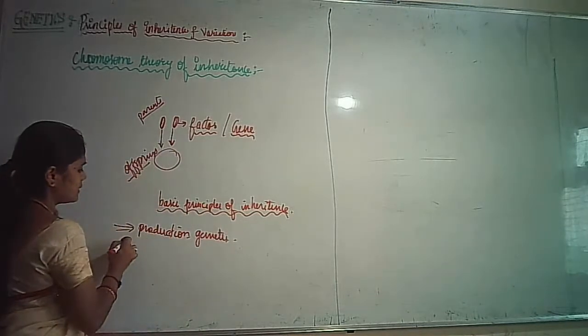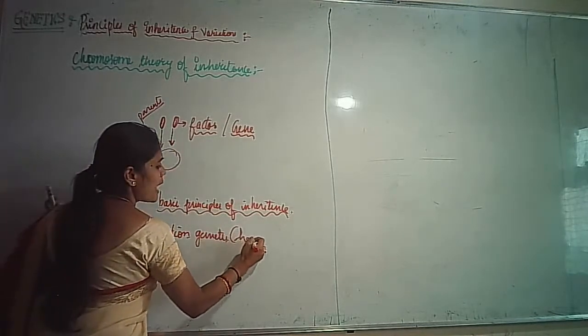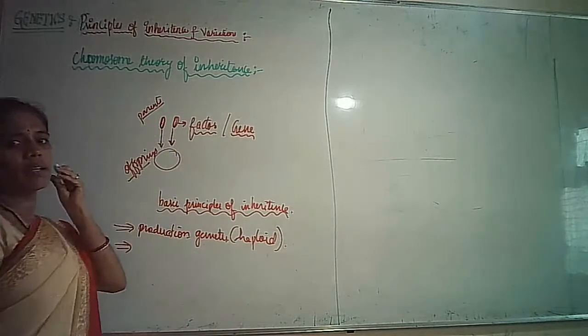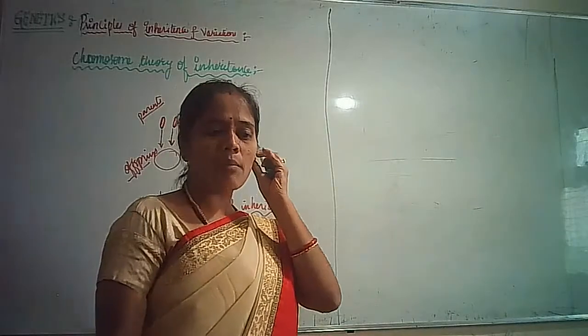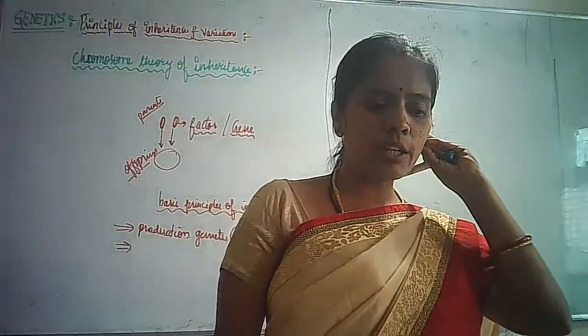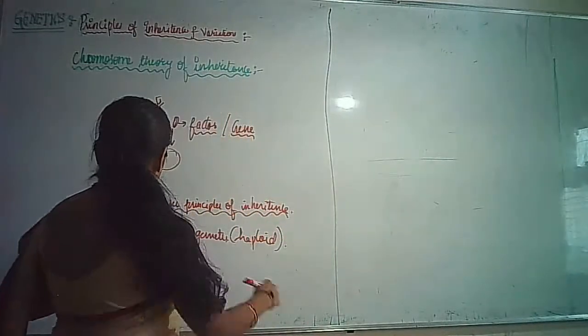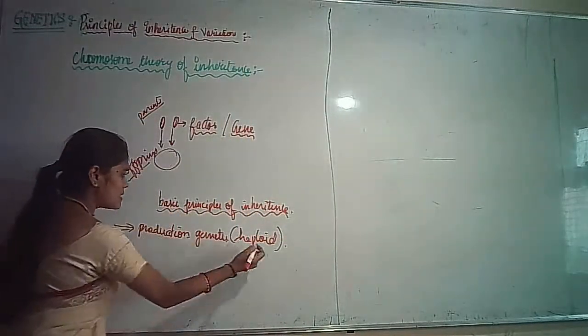Gametes are always haploid. Parents are diploid. Production of the gametes continues from one cell to another, and this is haploid.